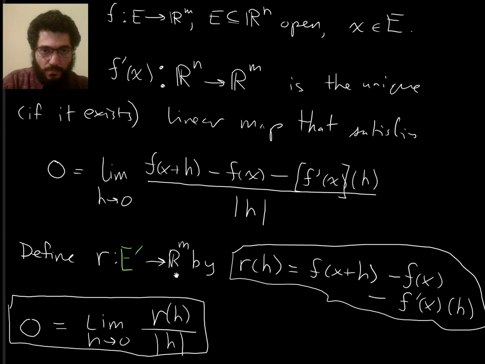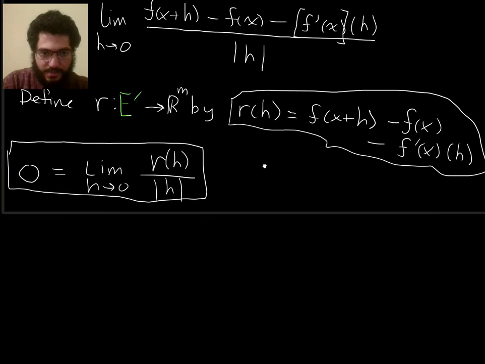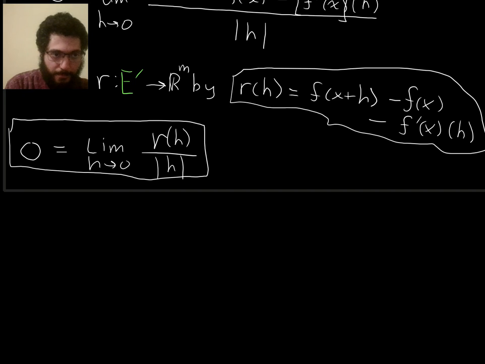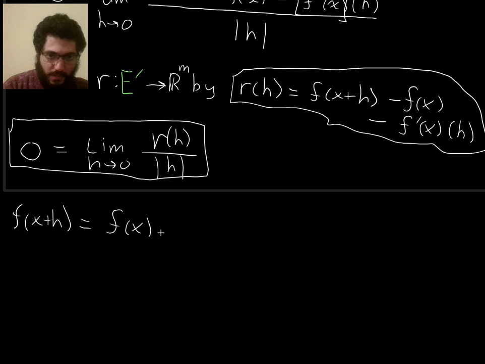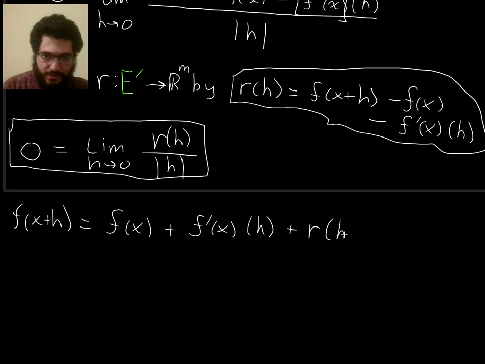So if we define r like this, then we have f of x plus h equals f of x plus f prime x of h plus r of h. So all I've done is take this and rearrange it, move these to the other side.